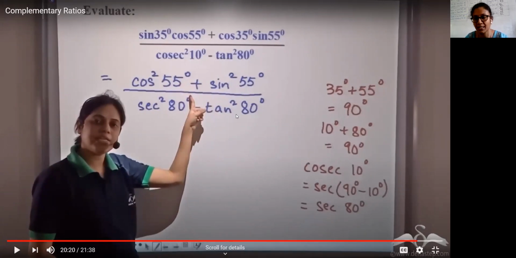We are not going to take it up now because we have not studied the identities yet. I wanted to do this problem only to show how she has converted sine 35 as cos 55, and cos 35 as sine 55. Similarly, in the denominator, she has converted the cosecant as secant because cosecant and secant are complementary ratios.